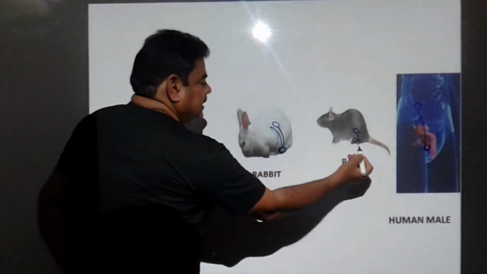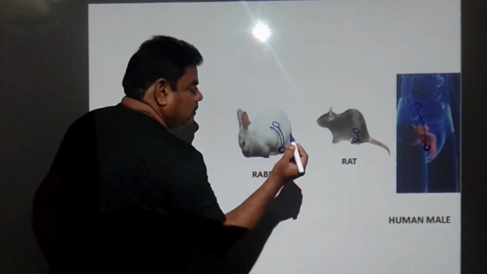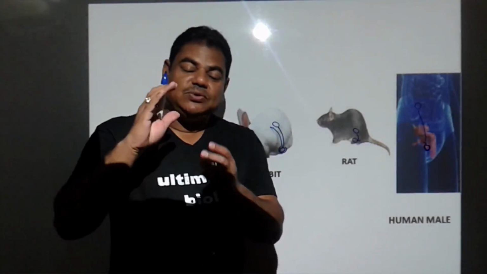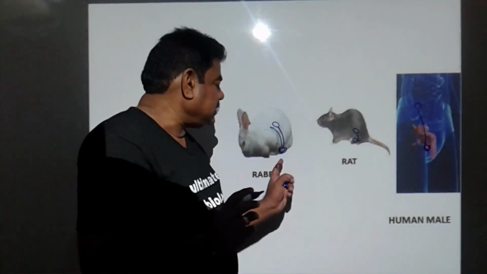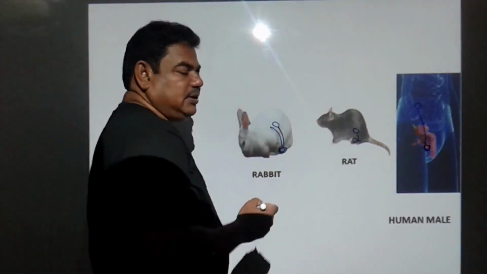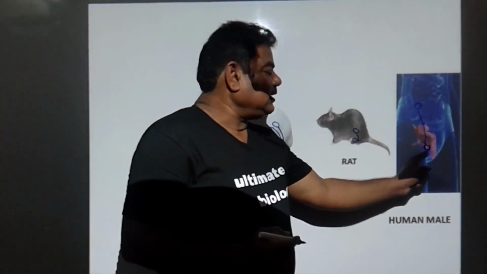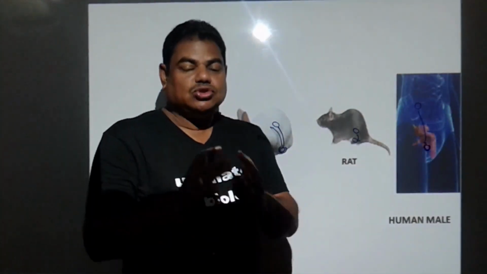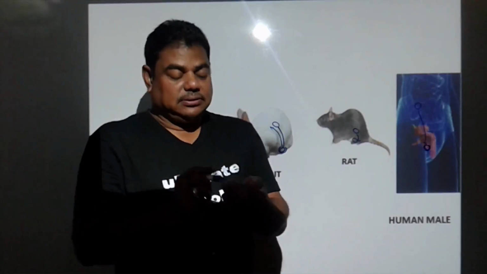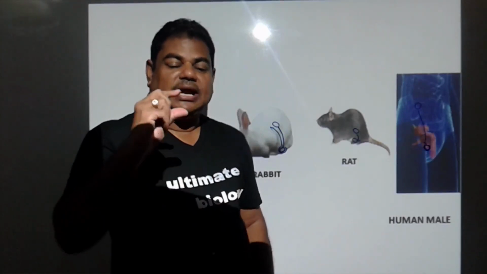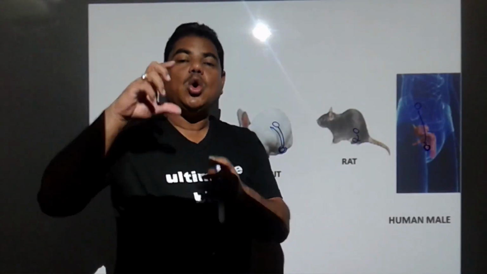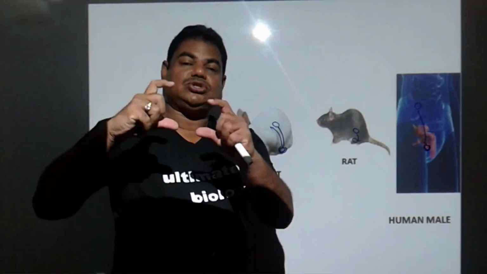In the case of rabbit and rat, such a gubernaculum, these tissues, do not develop, due to which the testes do not fix in the scrotum, and in the case of rat they are again pulled inside the abdominal cavity. But in the case of human, once the testes come into the scrotal sac, they remain there till death, only due to the formation of that tissue we call the gubernaculum. The gubernaculum holds these two testes in the scrotal sac.